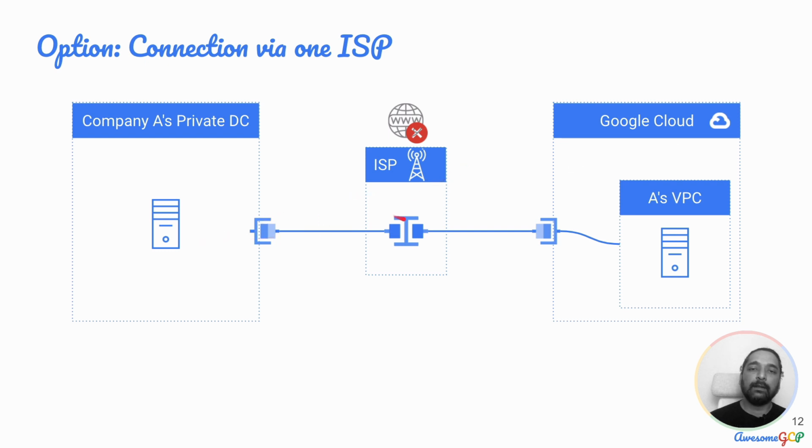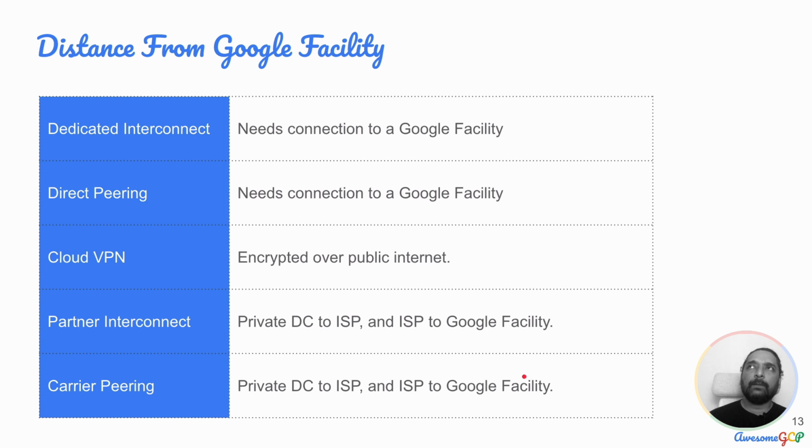So with an intermediate ISP also, you're able to do the same thing. So the two words you can keep in mind in this case, right? One, we are working with a Google partner when it comes to the ISP, and ISPs are also called carrier, right? Carrier networks. So those are two words you can keep in mind for later on. In that case, of course, you still need proximity to an ISP, but then there's a larger chance that your ISP already has established a connection with Google Cloud, and you can draw to that, right? So your proximity to ISP is going to be higher.